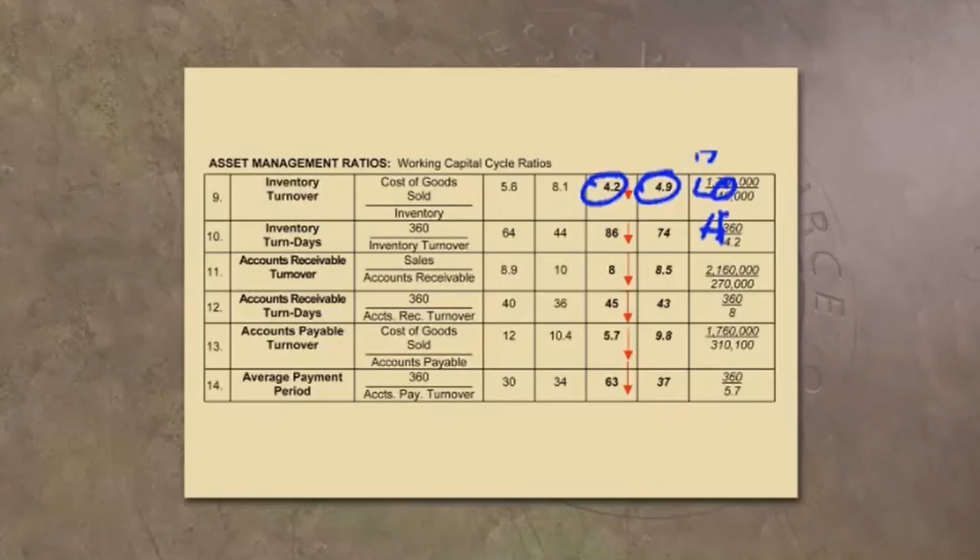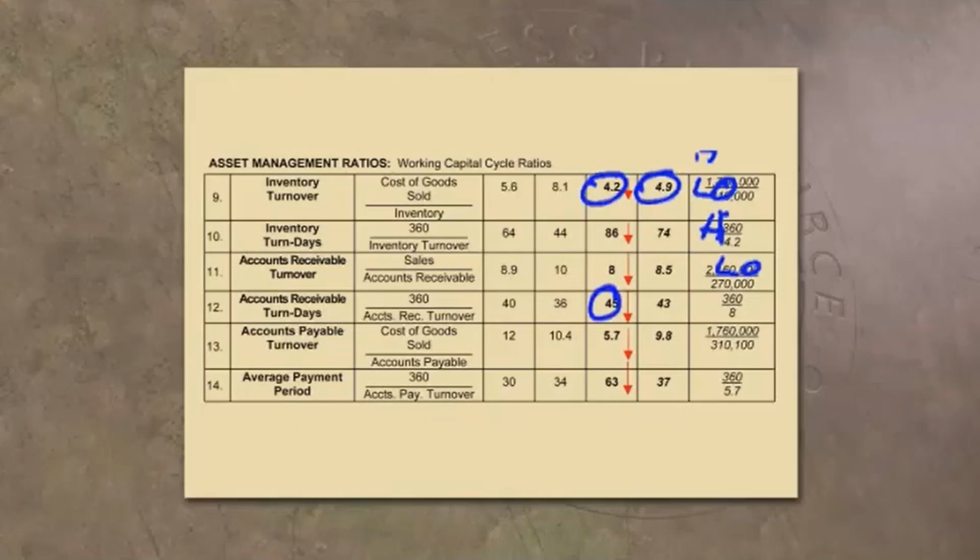Receivables. He's getting 8 turns. The brothers, 8.5. Is he high or low? He's low, right? But he's only a little low, so it doesn't seem like much. So we look down in ratio number 12. He's at 45 days. The brothers are at 43.